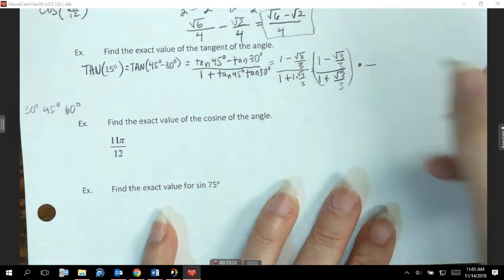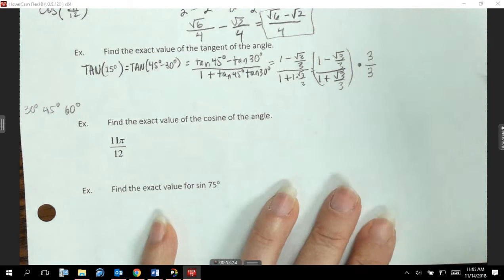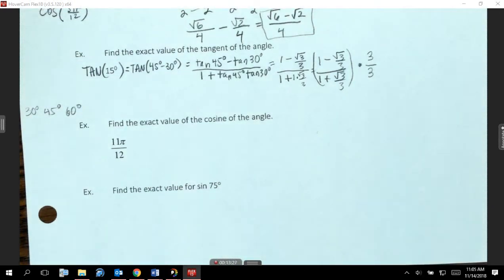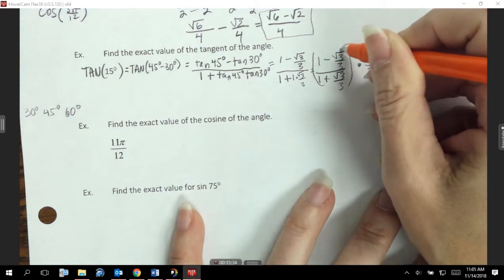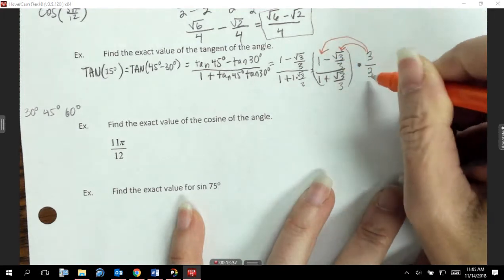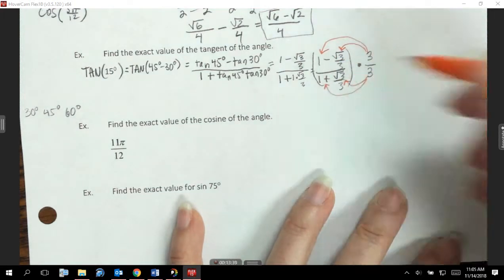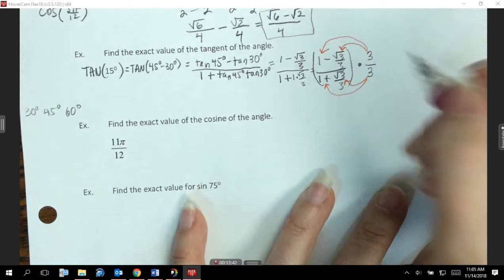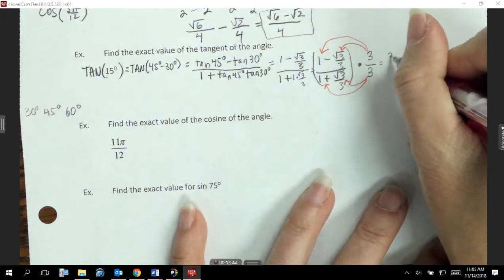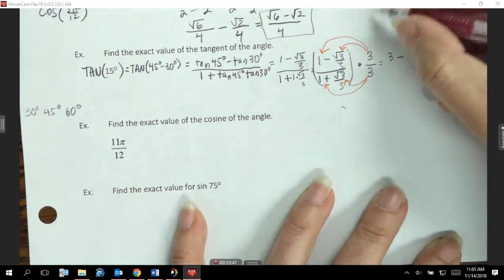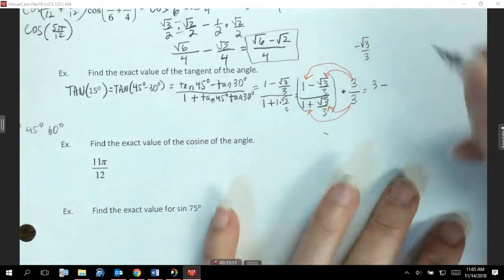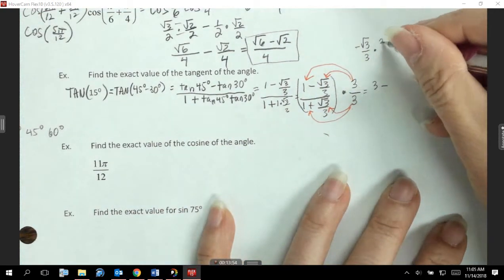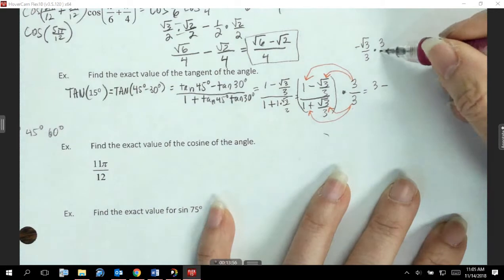Now my value of 1 that I am choosing is 3 over 3. So I am multiplying by 1. But when I do this, look at the magic that happens. I'm going to have to distribute that 3. I'm going to have 3 times 1 minus, now right here I have this negative radical 3 over 3 and I'm going to multiply it by 3, which is like multiplying by 3 over 1.